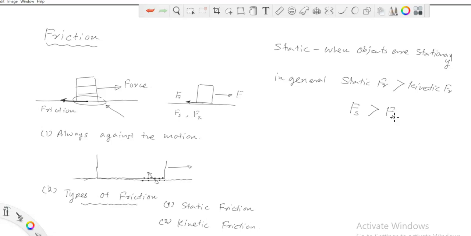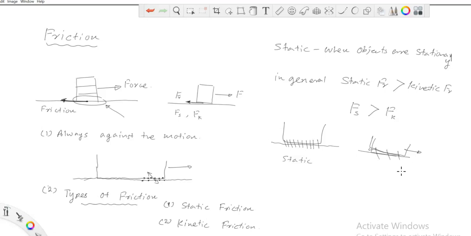Now we can explain this, again, using molecular bonds. Let's say here's the bottom of the drawer and here's the floor. If it is stationary, there are so many molecular bonds between them. You have to break all of these in order to get this moving. But once it's moving, because of the motion, sometimes there is not enough time for these bonds to build up, or because of the unevenness, there will be bigger gaps between these molecules, so the bonds won't be that strong.